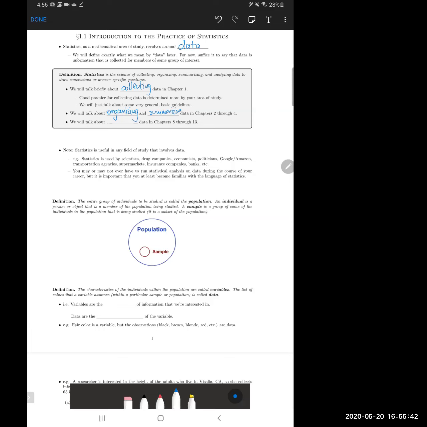And I need to give us more space in these blanks. But we'll talk about organizing and summarizing data in chapters 2 through 4. So, you know, making charts, computing sample means, things like that. And then we're going to talk about analyzing data in chapters 8 through 13.